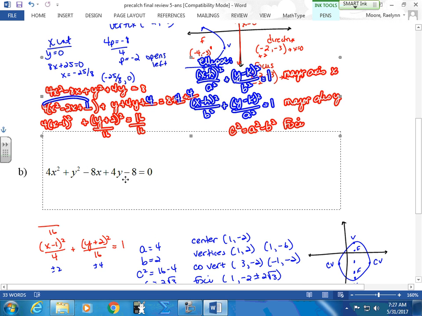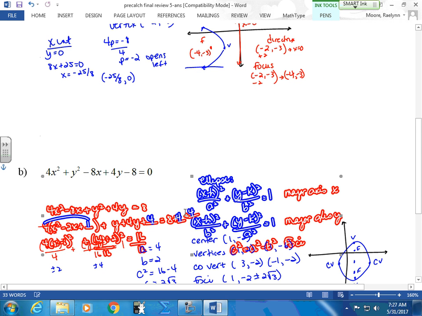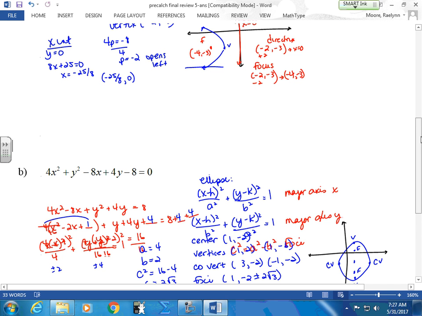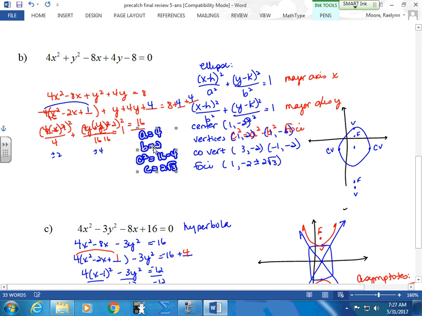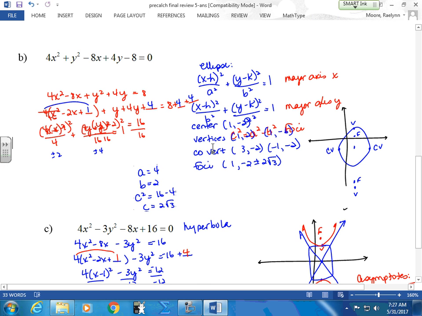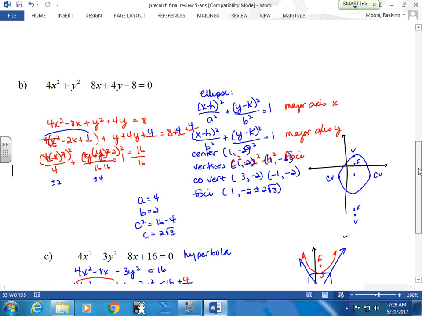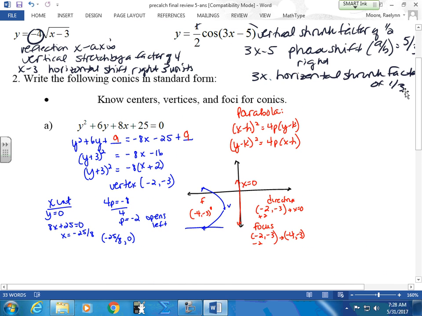Hang on. Okay, something's really messed up here, but we'll do the best we can. Okay, first one, the word on my board and the word on the computer is off, so sometimes my writing doesn't show up where it's supposed to. I'll just make sure this is kind of where it's supposed to be.